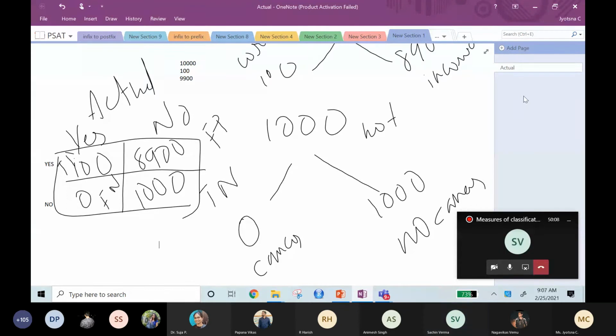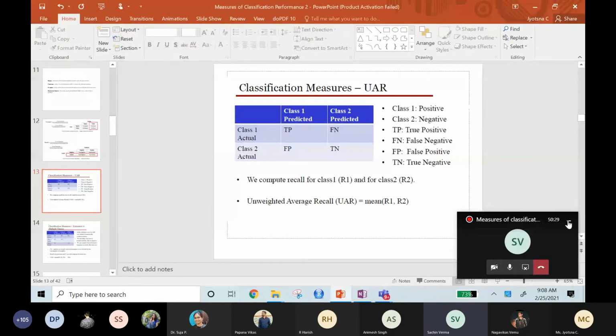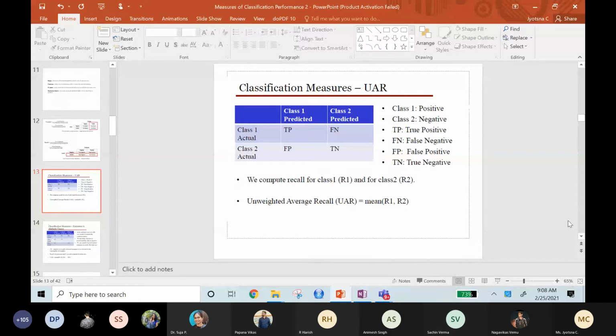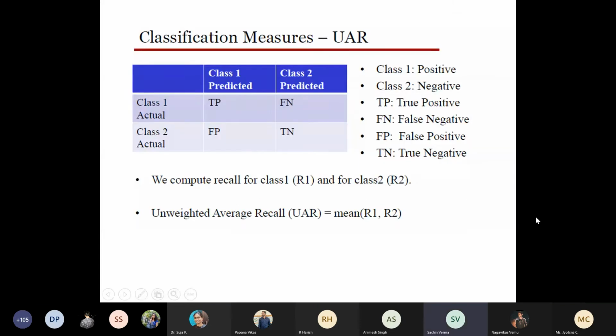Okay. F1 score? F1 score is 0.021. I didn't calculate the F1 score. What about others, are you all getting it? Anyway, you calculate and see all the measures.